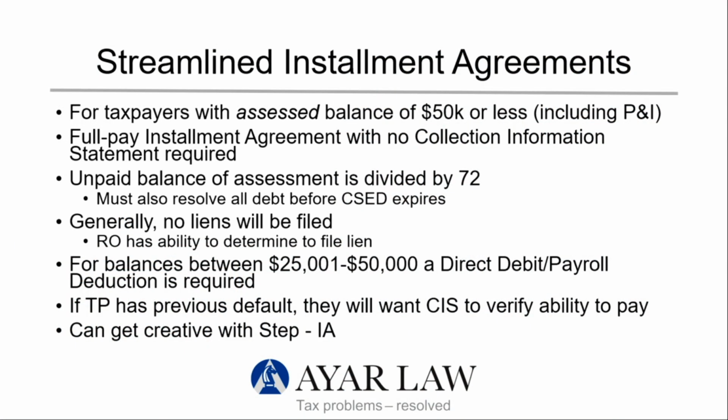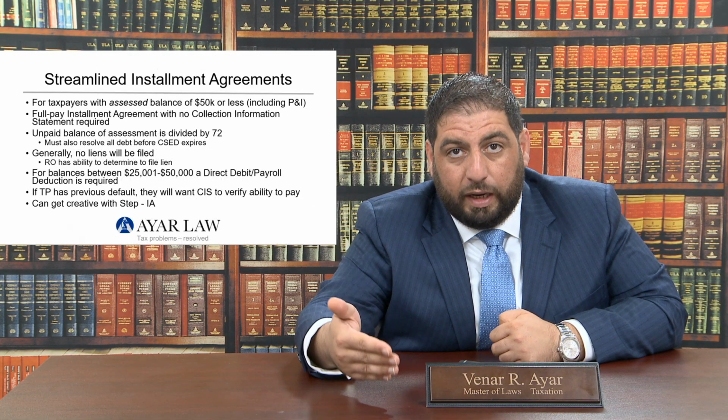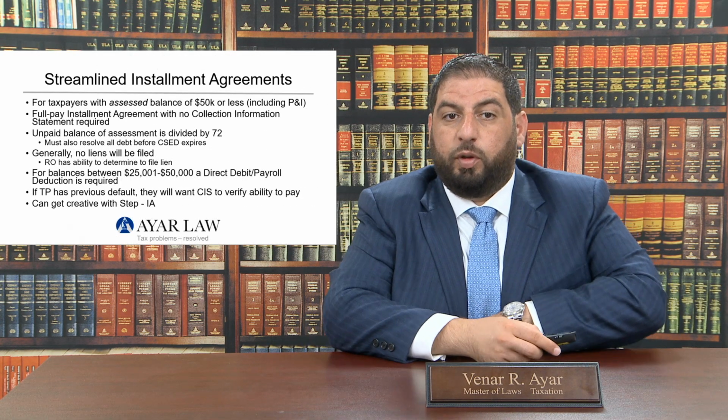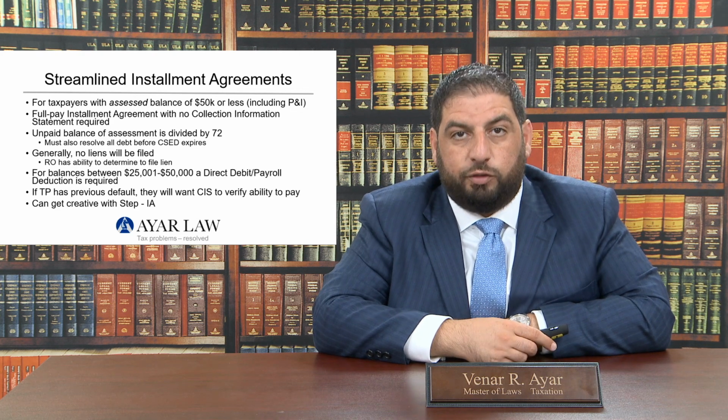They let you pay off your taxes over 6 years. However, if your collection statute expires before then, they might require you to pay more. You have up to 6 years to pay it back, but the payment has to be sufficient to cover the debt before the CSED expires.